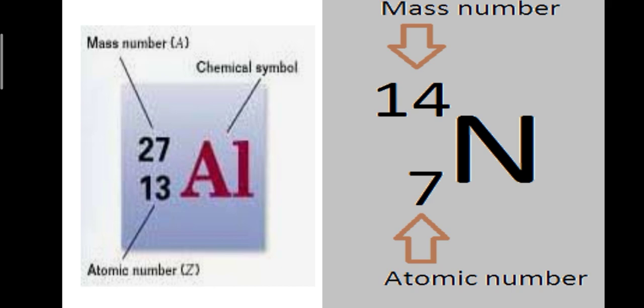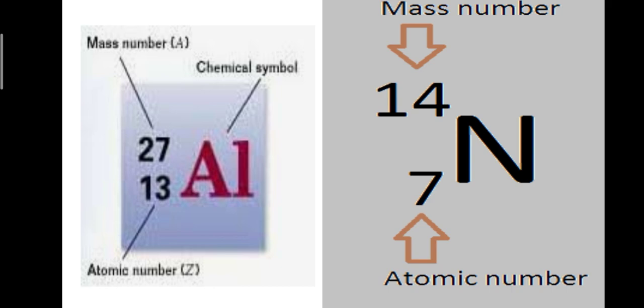So there are some elements in which the number of neutrons varies a little bit, कम या ज़्यादा हो सकते हैं. ऐसे नहीं है कि फिक्स हो. In few exceptional cases, कुछ एलिमेंट्स में नंबर ऑफ न्यूट्रॉन्स 1 या 2 से ज़्यादा भी होते हैं. So here you will see that the number of protons is 13 and the number of neutrons is 14.